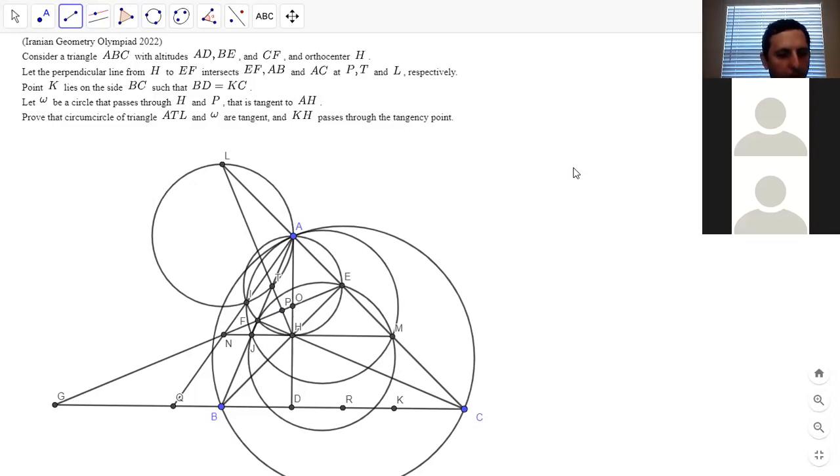So I'm going to use the point K right now. I have a claim that H is the orthocenter of AQK. Okay, so if we can prove that, then K, H, and I must be collinear, right? Right, yes. So notice that H is the orthocenter of ARG.